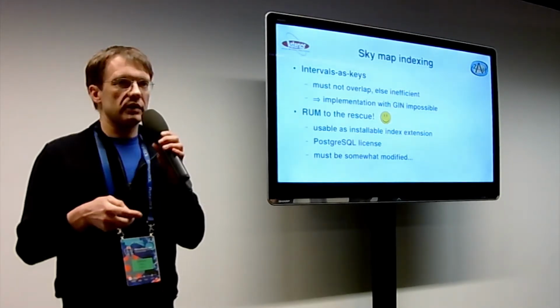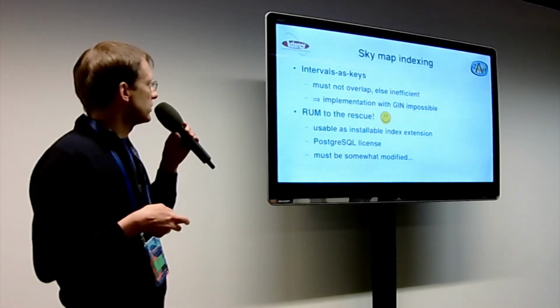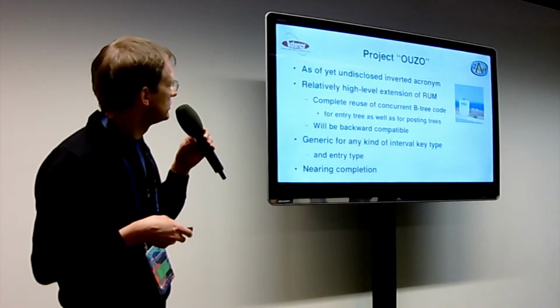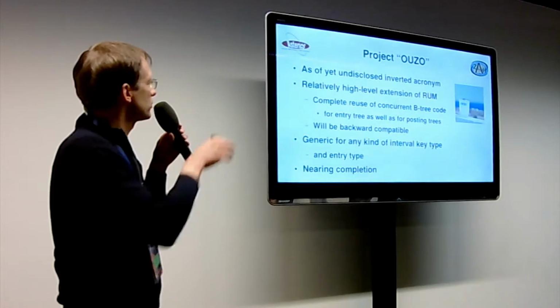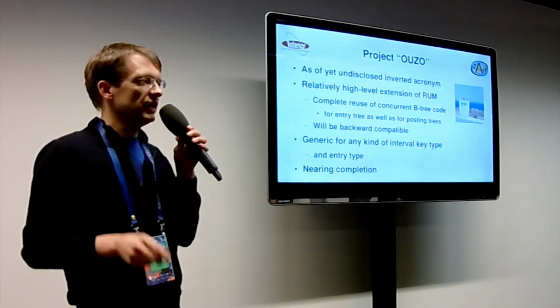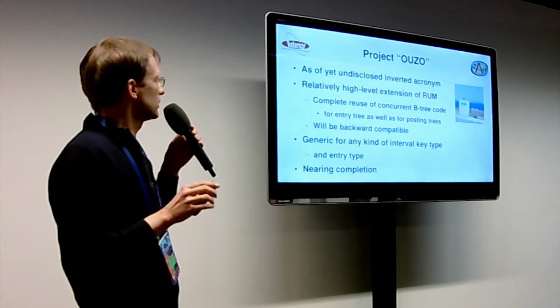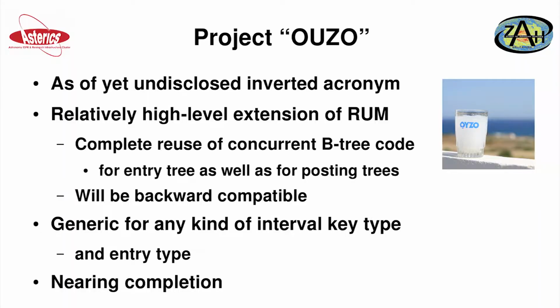However, I had to make several modifications to make this work, and now I introduce this USO project. So why it's called USO, the official meaning will be announced later, but it's unimportant, it just needs a name. So what is it? It's basically an evolution of the RUM code, just an extension.